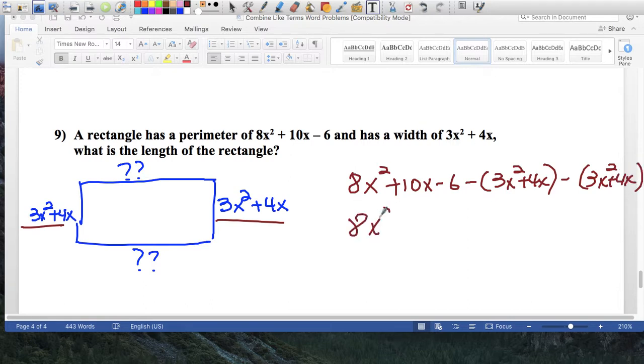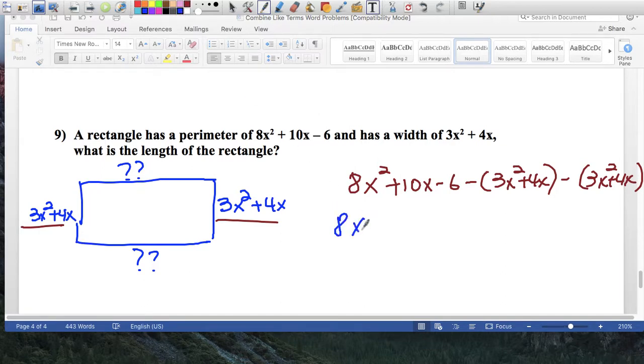Or you can write the expression like this. Instead of writing that 2 times, you can just write minus 2 times those 2 sides. Right? So either or, it doesn't matter which one you do. For this one, I'm going to do it this way because the previous problem I did it the other way.